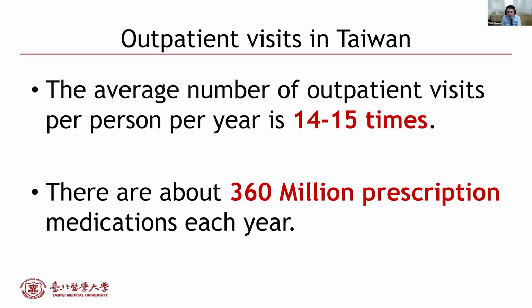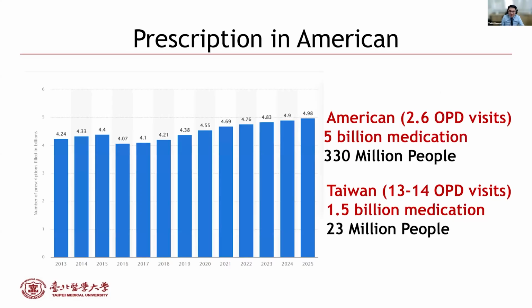If you compare to America, usually it is only about 2 outpatient visits per patient per year, but in Taiwan it is between maybe 3 and 15. So in Taiwan we have 1.5 million medications per year.